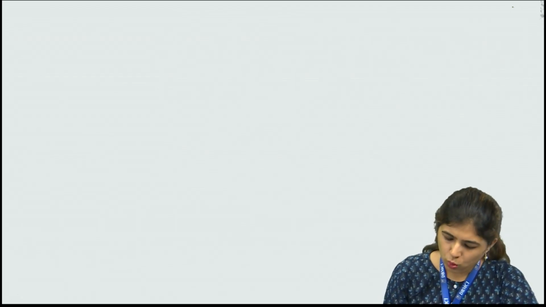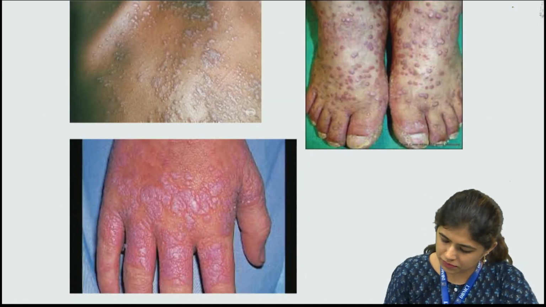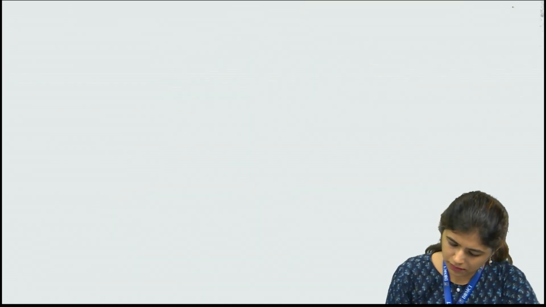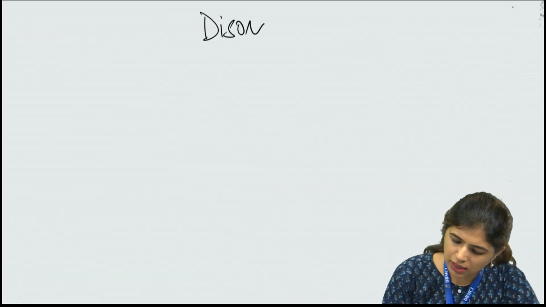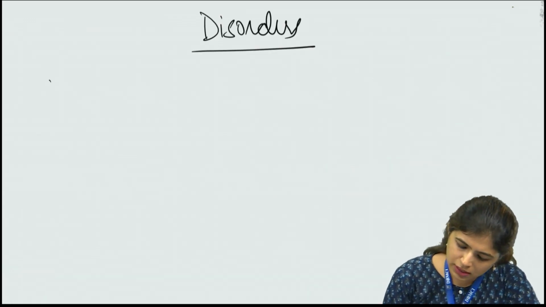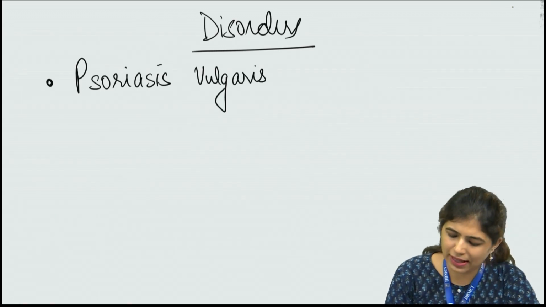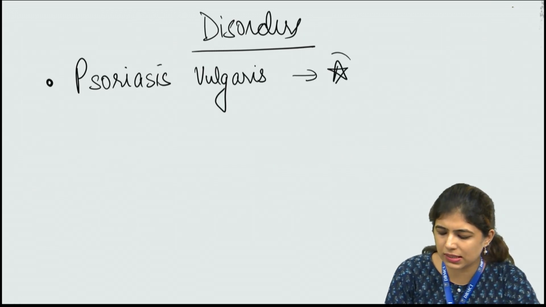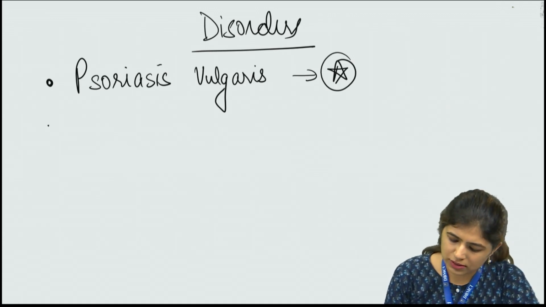Then, what disorders show us Koebner's? What disorders show this? Most characteristic is psoriasis vulgaris. This is the classic example of a lesion of Koebner's.